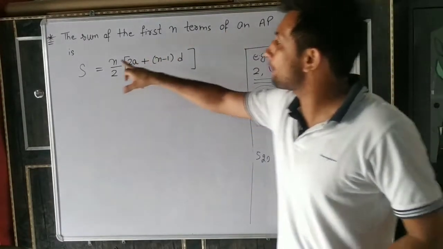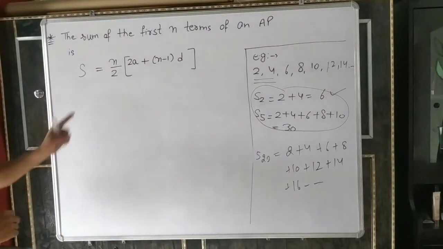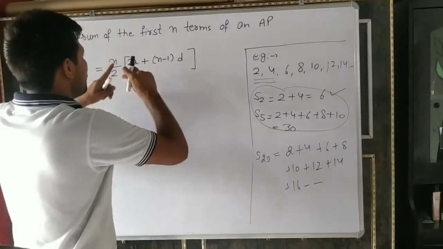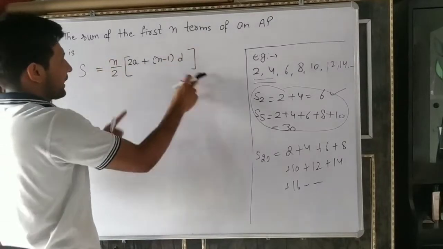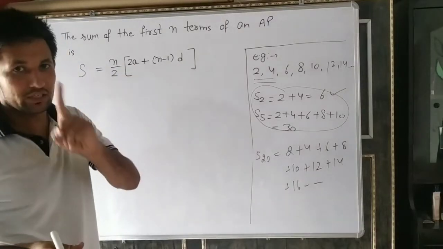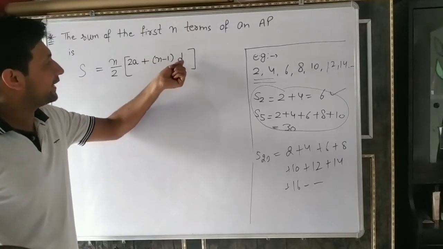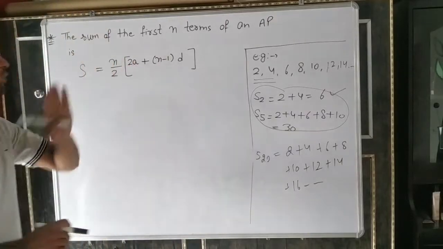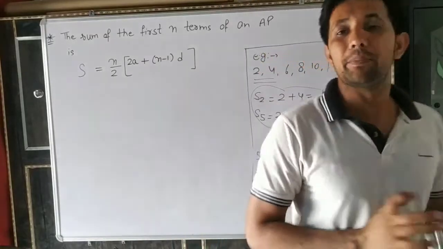How to find it? S equals n upon 2, we always use a big bracket, n divided by 2, bracket 2a, where a means the first term of an AP, plus small bracket n minus 1 into d, where d means common difference. So by this formula we can solve the sum of APs very easily.